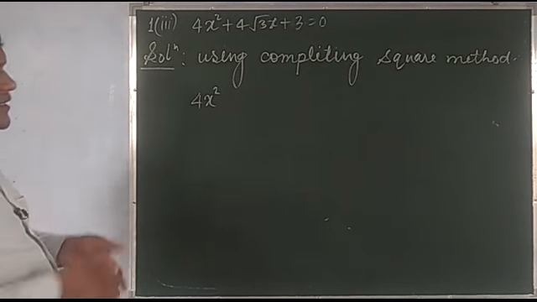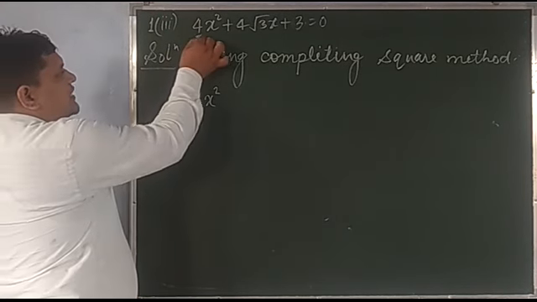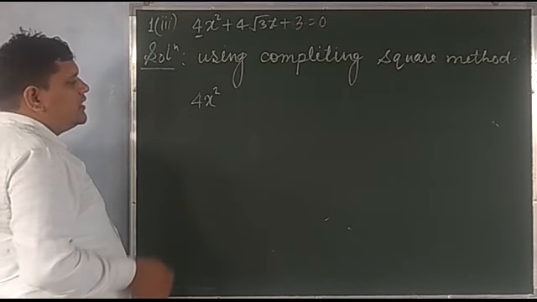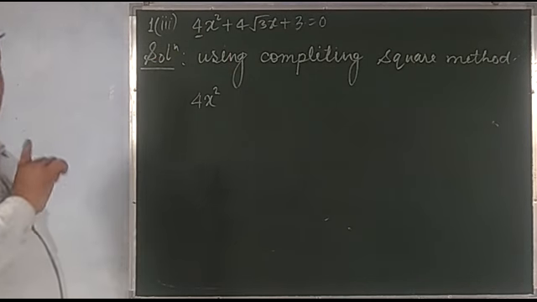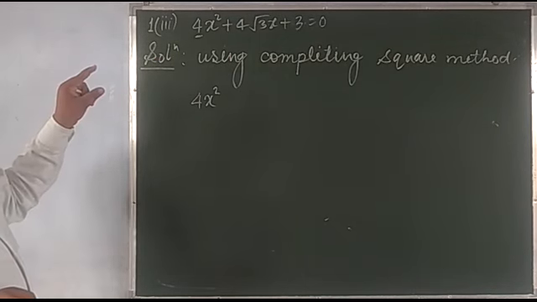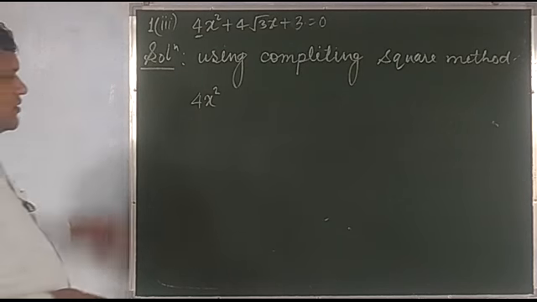Here the coefficient of x square is 4. It means we will divide all the equation by 4.